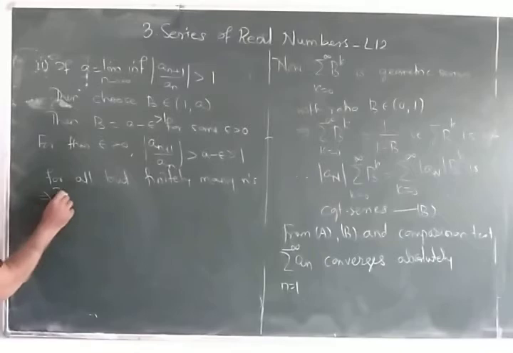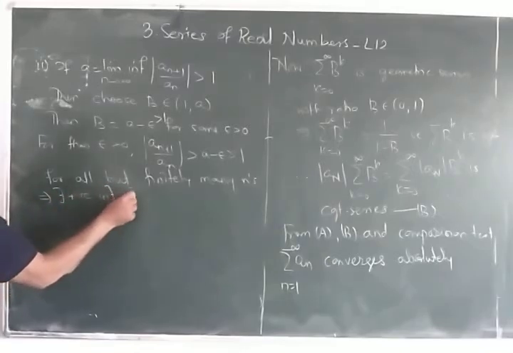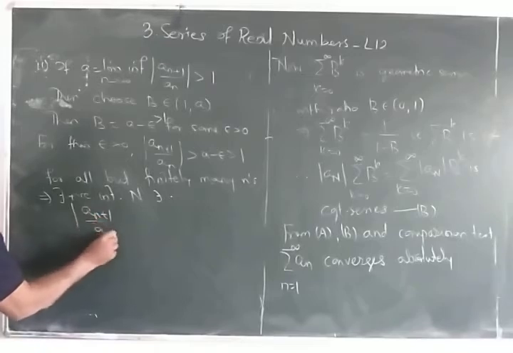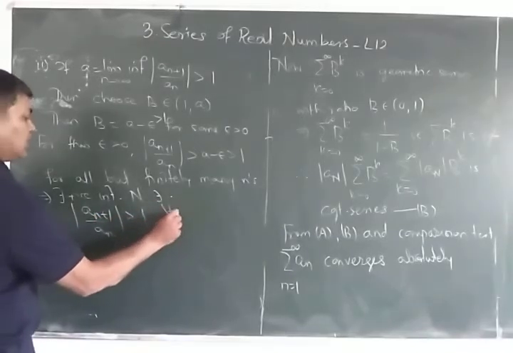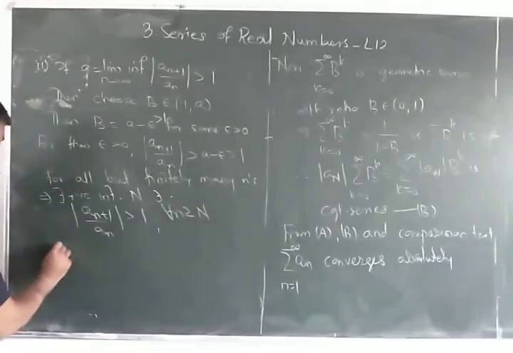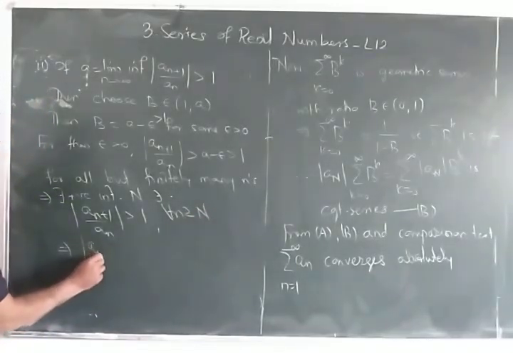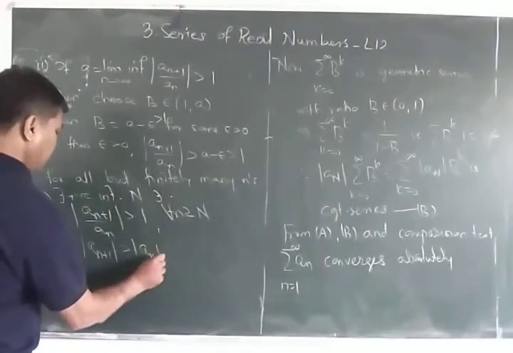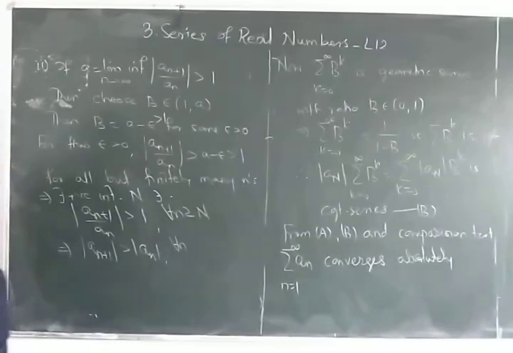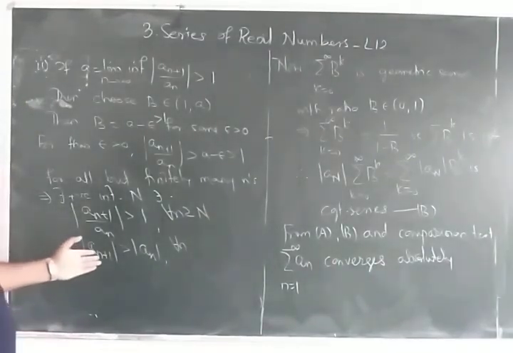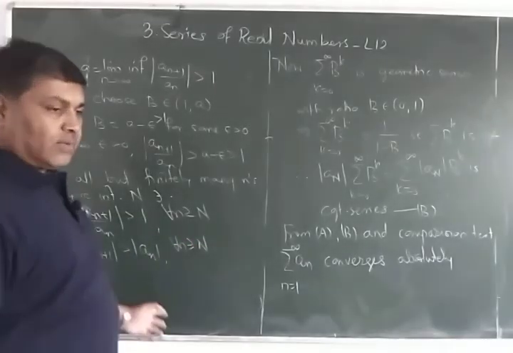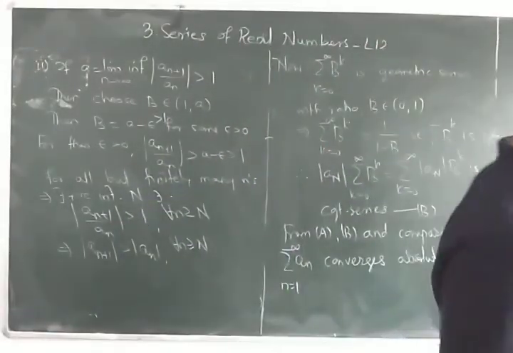This implies there exists a positive integer N such that mod of a_(n+1) upon a_n is greater than 1 for every n greater or equal to N. This implies mod a_(n+1) is greater than mod a_n for every n greater or equal to N. So what does this imply?